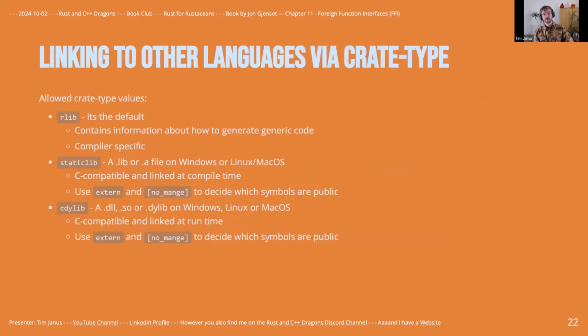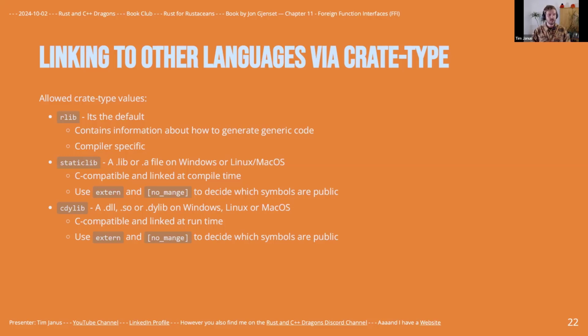Okay, so how do we now allow other languages to link in our Rust code, so that they can use our Rust code? For this, we have to change the crate type. By default, we have a special library type that also contains a lot of information about how to generate generic code, and which is compiler specific.